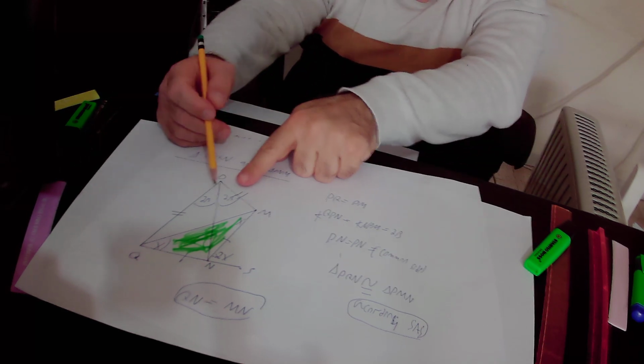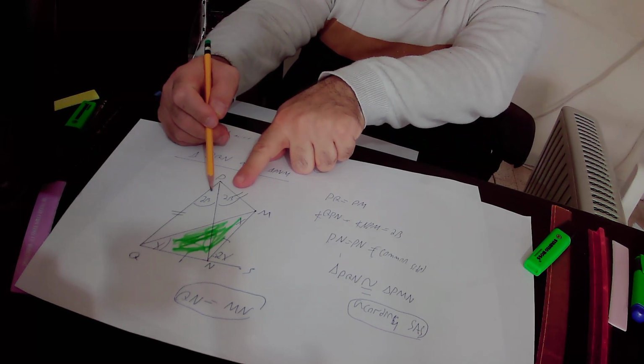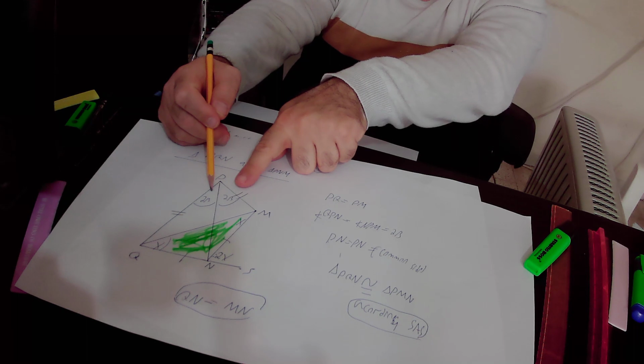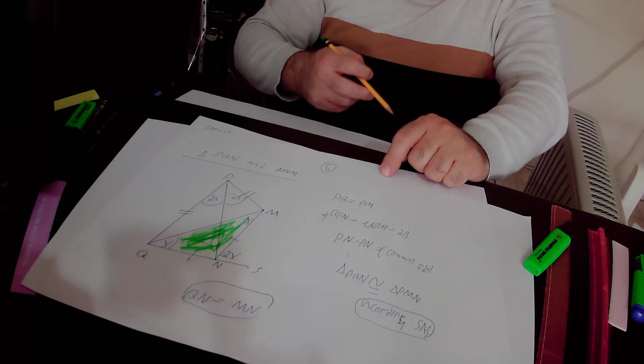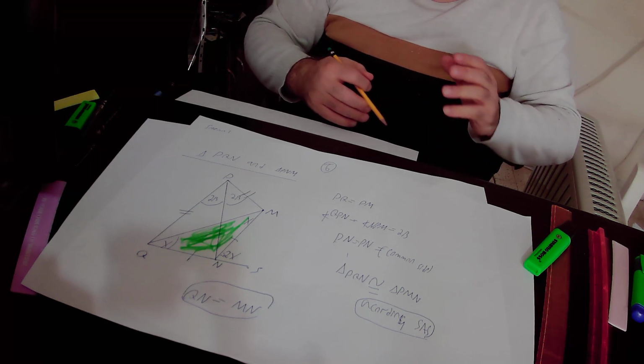Those two angles are both equal to each other. They are equal to 2 beta. Angle PQN equals angle NPM equals 2 beta. And we have PN is the common side, it belongs to both triangles, so PN equals PN.